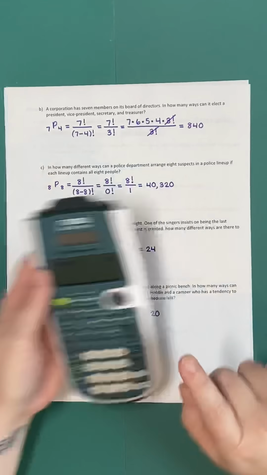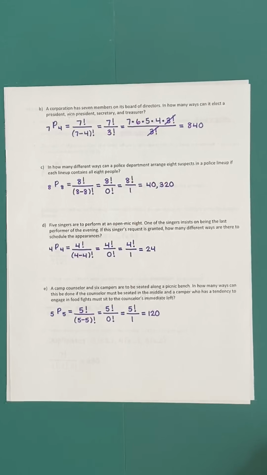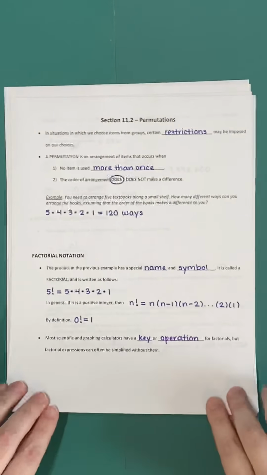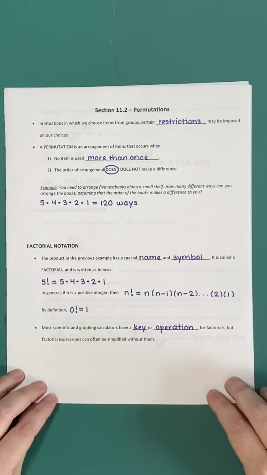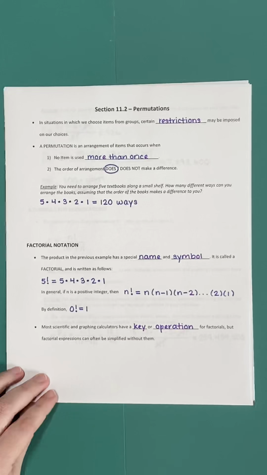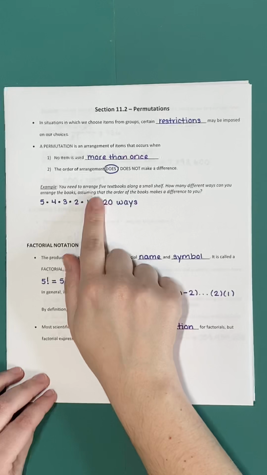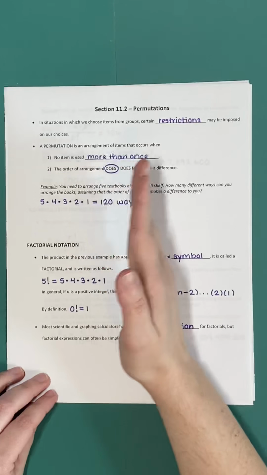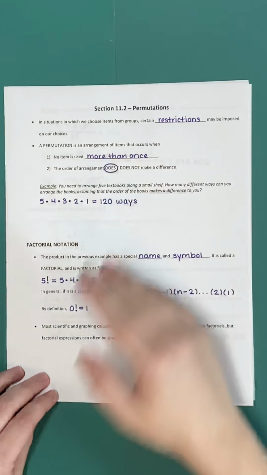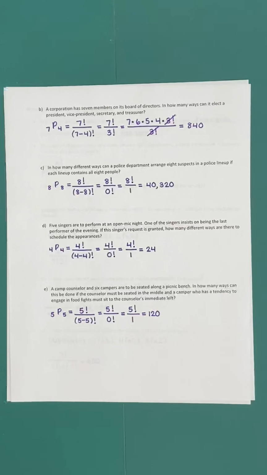Surprisingly enough, this problem and the textbooks on the shelf problem are actually the same problem. They don't look like it, but they really are. Here we're arranging 5 textbooks along a shelf. Pick one for the first spot, the second, the third, the fourth, the fifth. Well, this situation sounds a little bit more complicated, but it's actually the same thing.